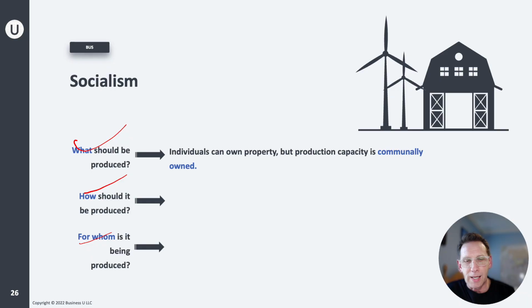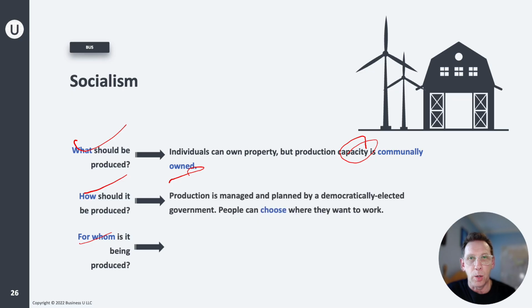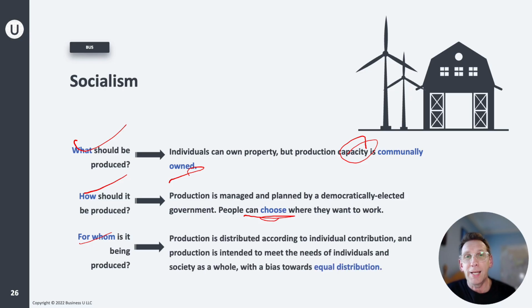The what is that individuals can own property, but production capacity is communally owned. Production is managed and planned by the democratically elected government. People can choose where they want to work. Production is distributed according to individual contribution, and is intended to meet the needs of individuals and society as a whole, with a bias toward equal distribution. Everybody gets the same amount.